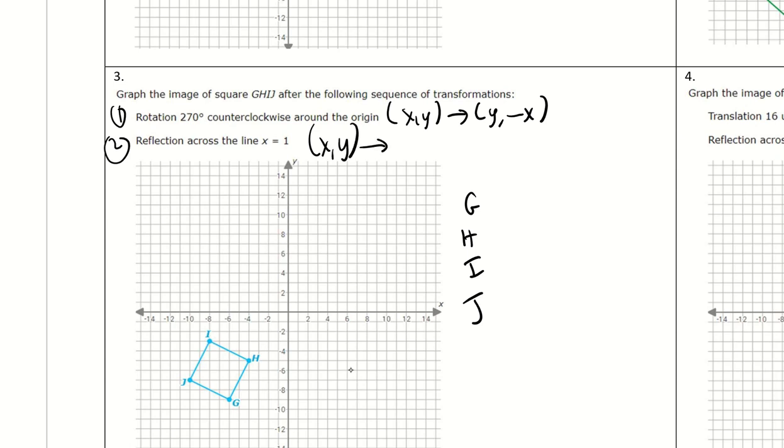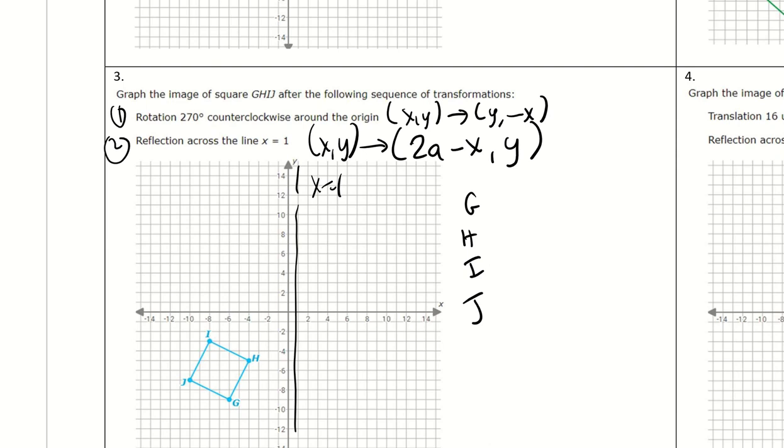The rule for that is, because you're reflecting about x equals 1, that's a vertical line. That means when you reflect, it's going to change the x coordinate, but not the y coordinate. So the x coordinate change is as follows. The rule is 2a minus x, comma, y.